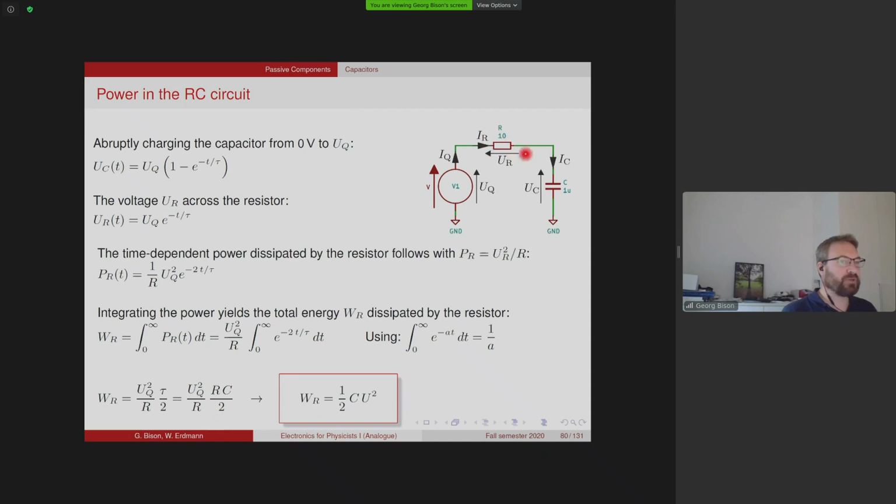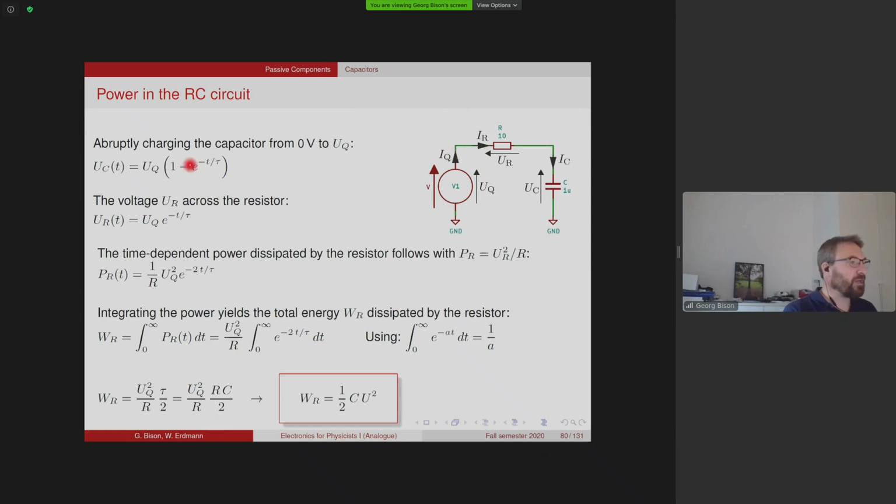And how much power is dissipated in this resistor? So imagine it was discharged, and at time equals 0, we connect the voltage source.